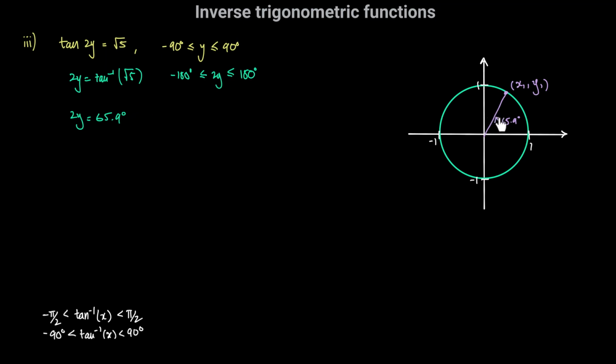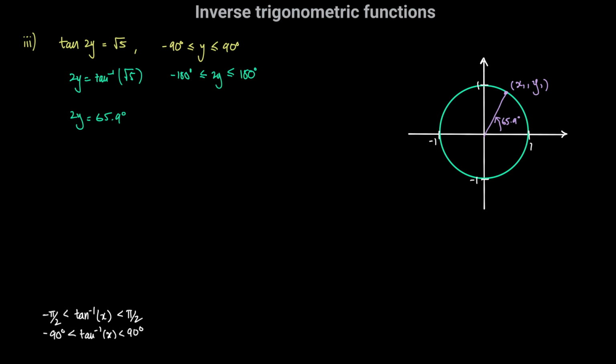Is there any other angle in this range for which the tan is equal to the square root of 5? Again, we know that the tan of this angle is the ratio of the y and the x coordinate. So this range can be divided into two parts. You can go from negative 180 to 0 or from 0 to 180.